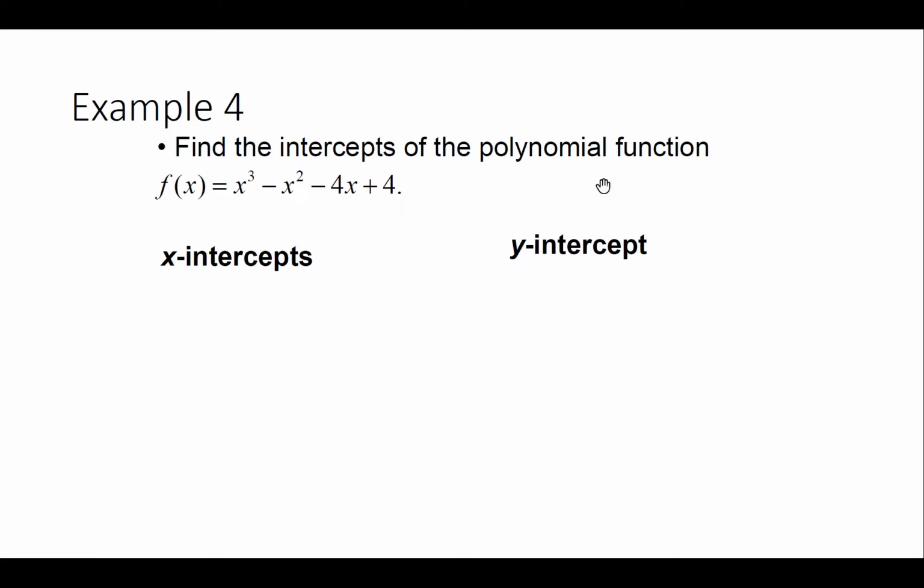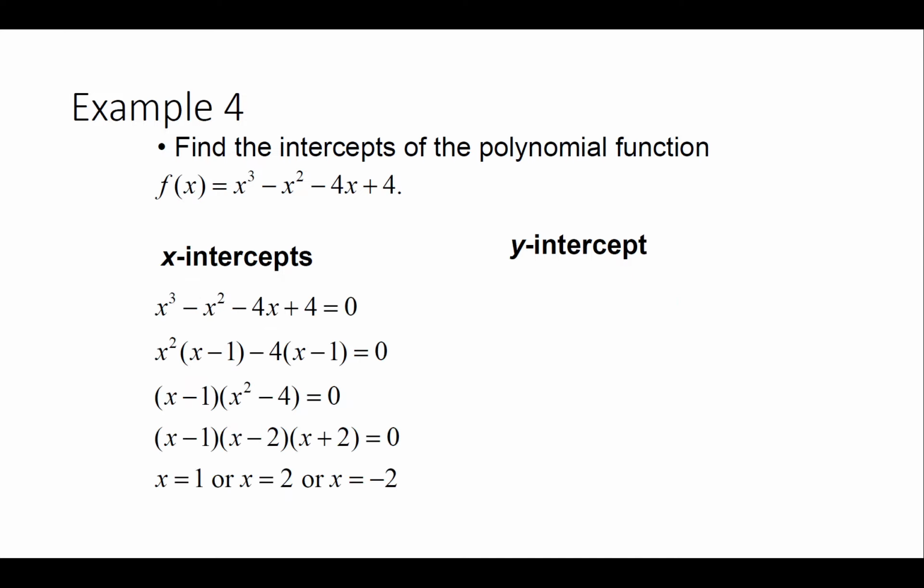For example, let's say this is the polynomial function. How do you find the x-intercept? You just have to equate this function to 0 and solve for x. So this is x cubed minus x squared minus 4x plus 4 equals 0. Solving means you can use the factoring method. And for the y-intercept, you just need to find f of 0.